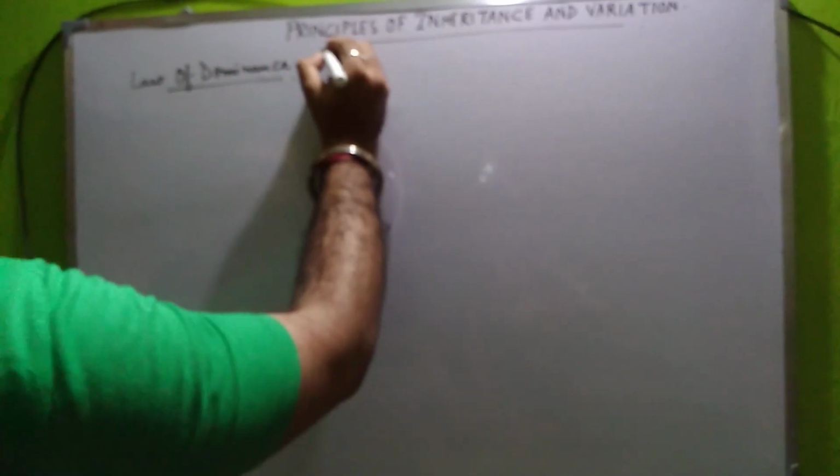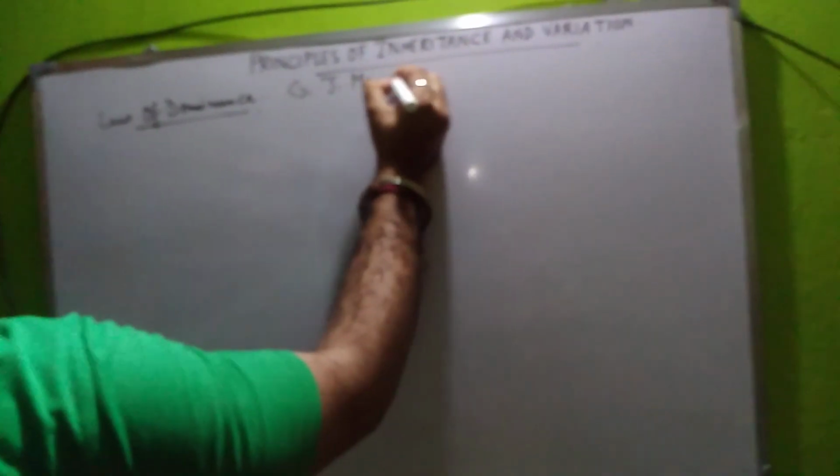Yes, so today we are going to discuss the next part of this chapter, that is principle of inheritance and variation, law of dominance. Now, this was stated by Gregor Johann Mendel. What did he say in this law?